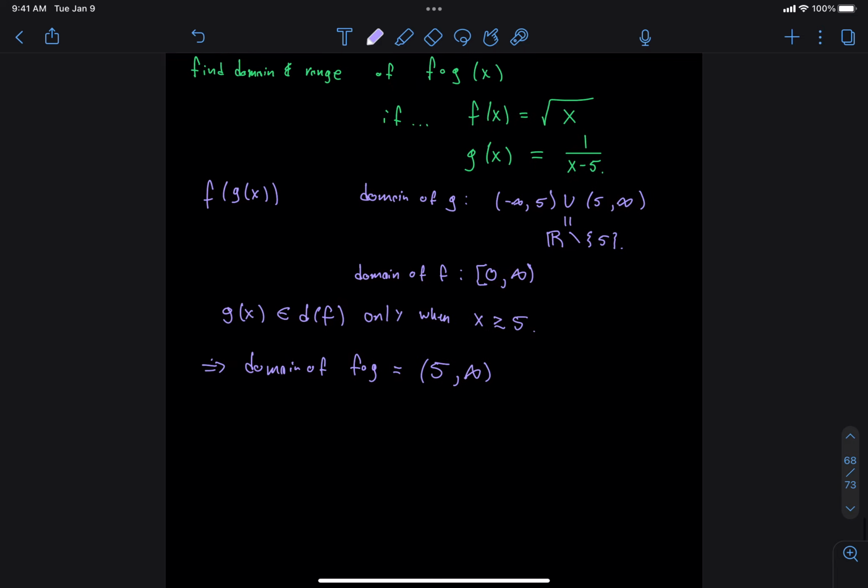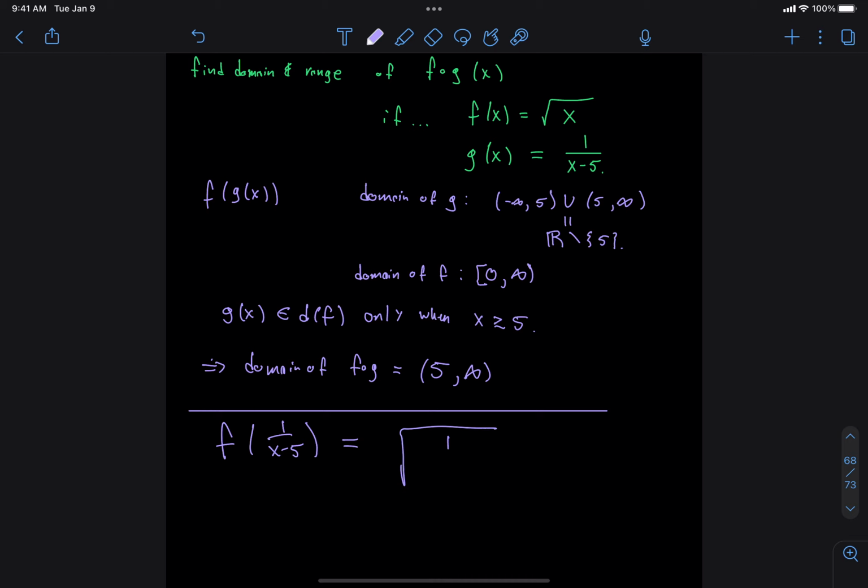All right, so let's take a look at how that works. What would happen if I computed f of g of x using the function rule? Well, it would look like f of 1 over x minus 5, yes? And then f is to do the square root, right? So this would look like the square root of 1 over x minus 5.